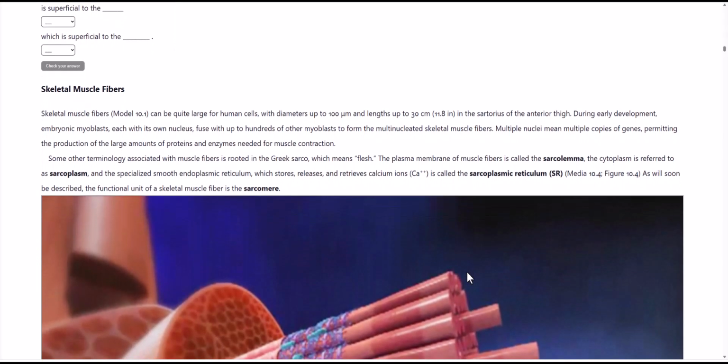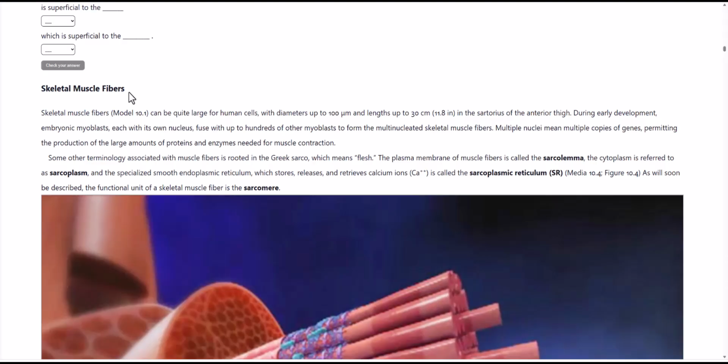So let's dig into skeletal muscle fibers. We're looking down at the cellular level now. Again, keep in mind your muscle fibers can be very long cells. For example, we're talking about your sartorius. Sartorius is a significantly long muscle. In a taller person like me, it's well over a foot in length.